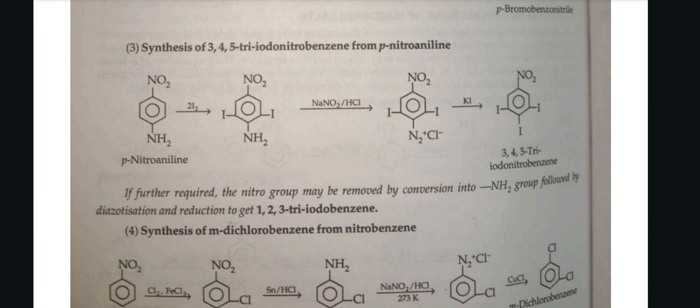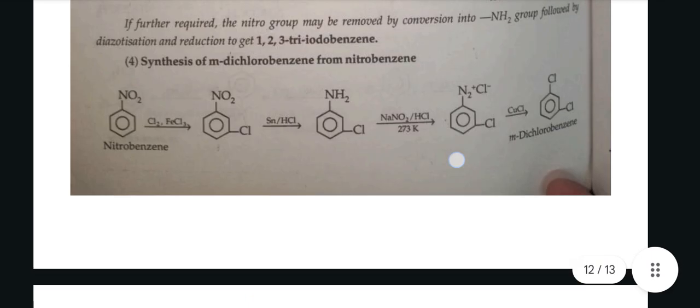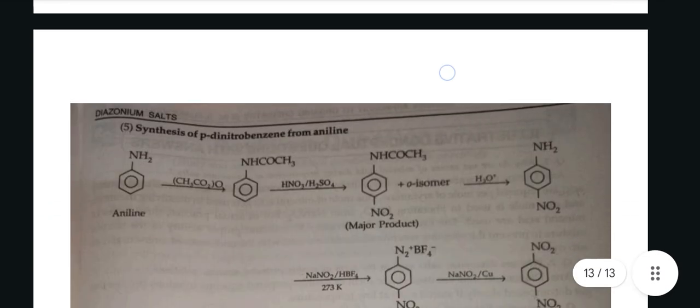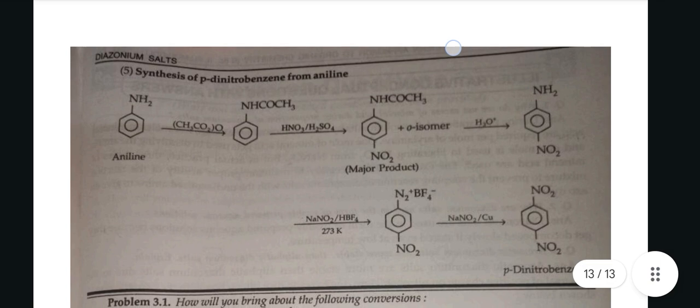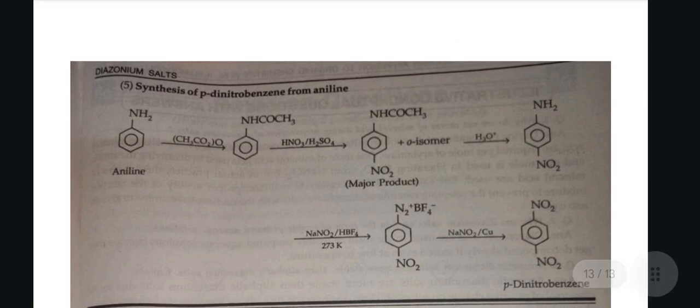Fourth, synthesis of metadichlorobenzene from nitrobenzene. And fifth, synthesis of para-dinitrobenzene from aniline. The mechanism of the reaction is shown below.